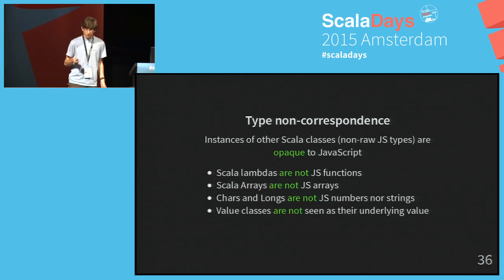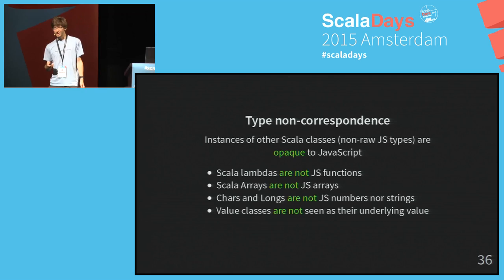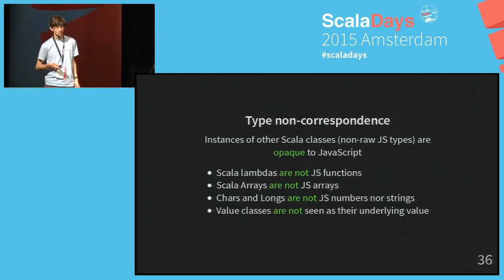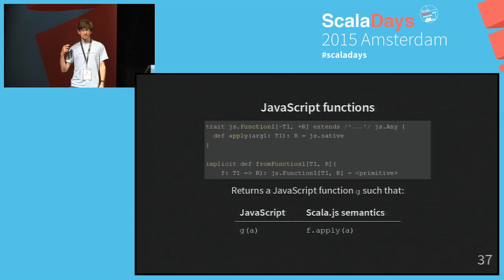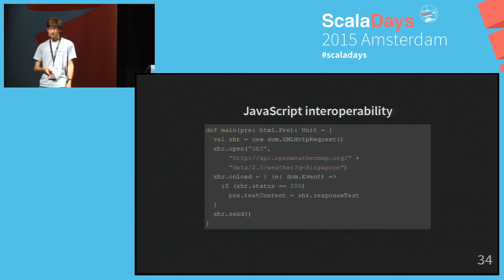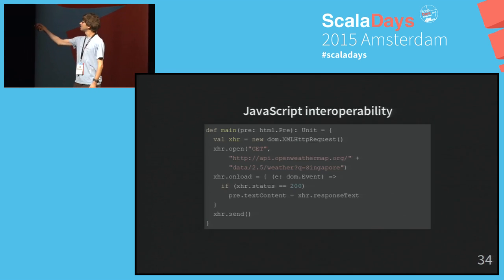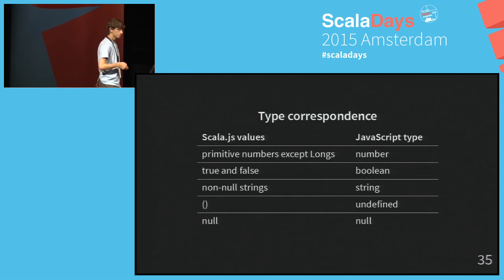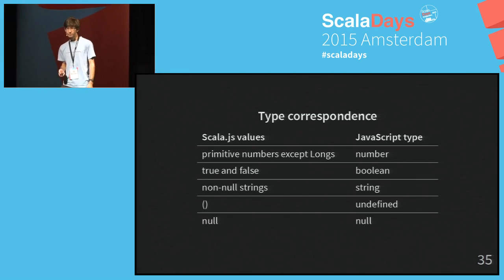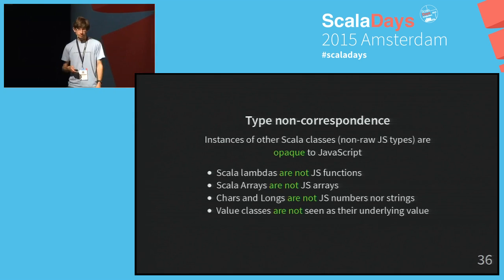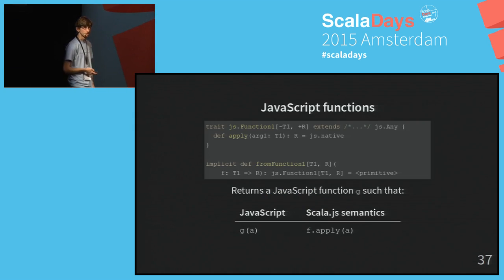In particular, Scala functions are not JavaScript functions, the same way that Java long strings are primitive JavaScript strings. So how did, you see here, I'm still assigning a Scala lambda to unload here. For other data types that are not in direct correspondence, what we provide is implicit conversions.